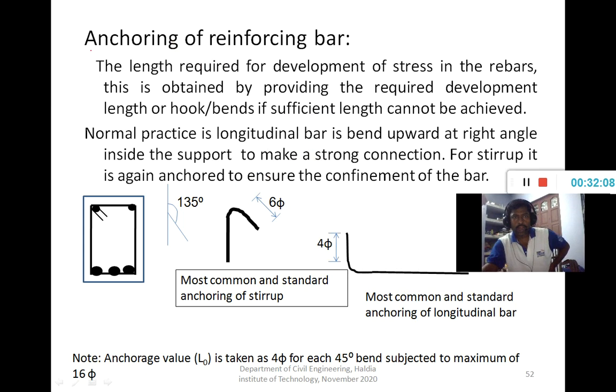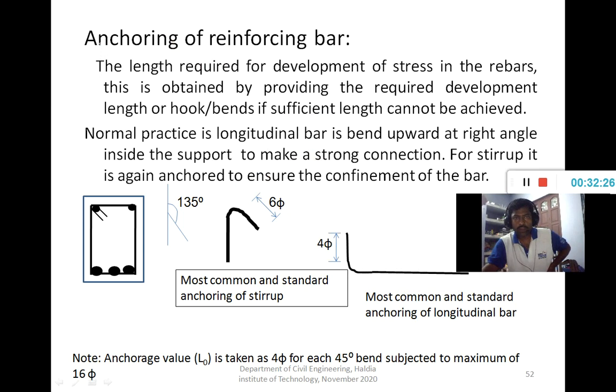Now anchoring is very important to get a stronger connection and to increase the strength of the connection.